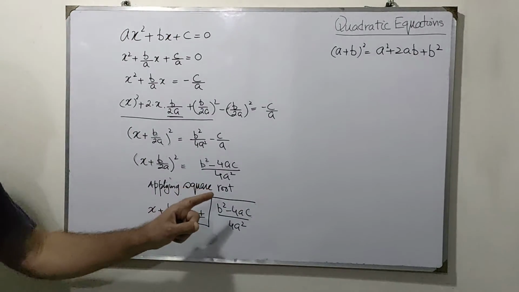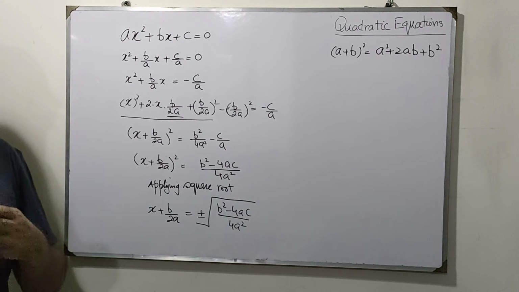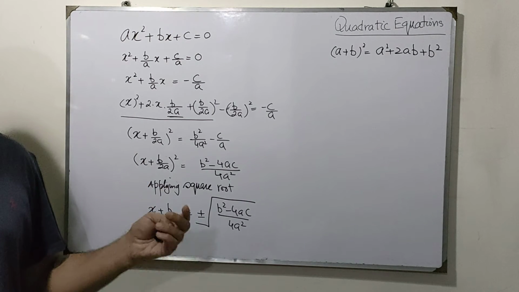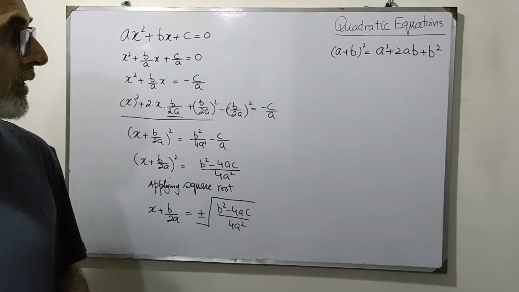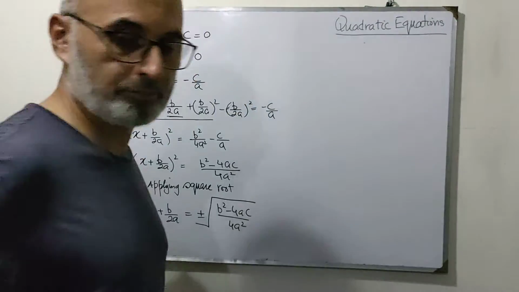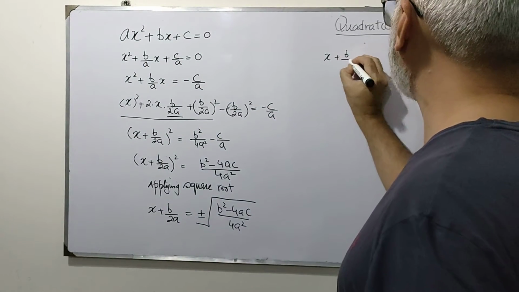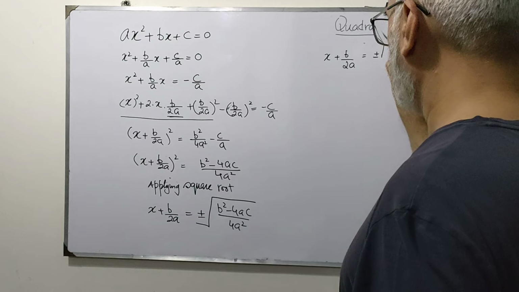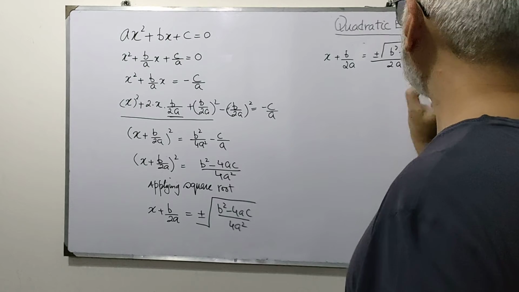Now I have a square root over here, and this 4a square. If I take the square root of 4a square, I am going to get 2a, because square of 2 is 4 and square of a is a square. So x plus b over 2a is equal to plus minus the square root of b square minus 4ac over 2a.